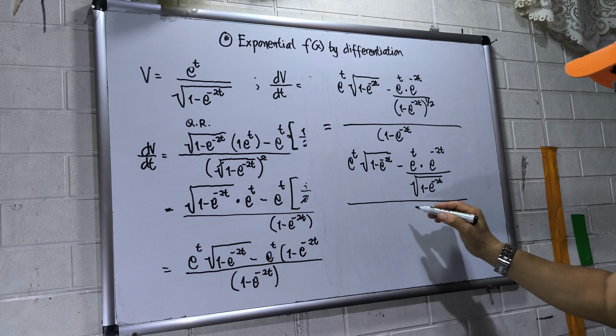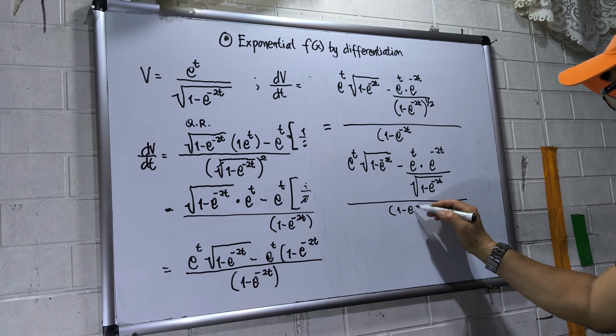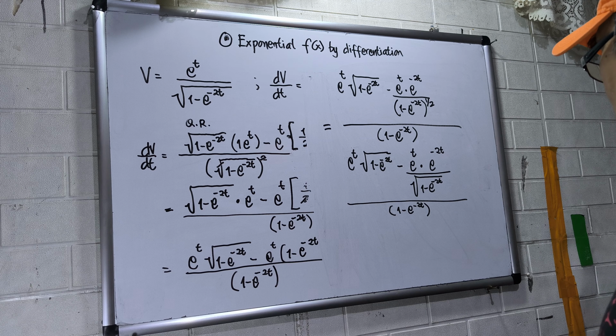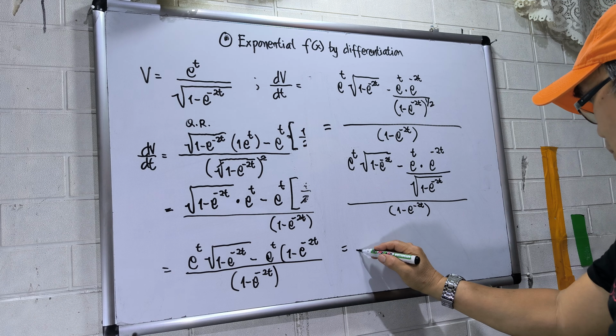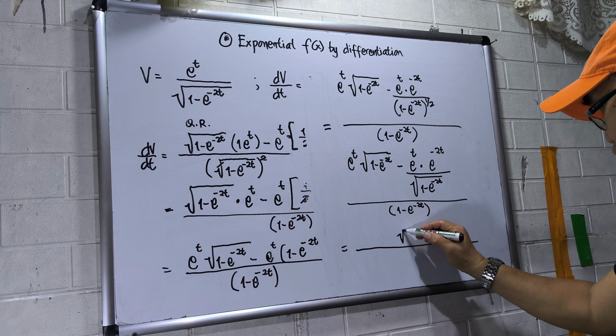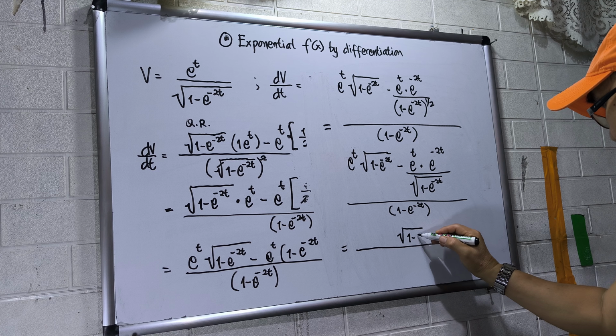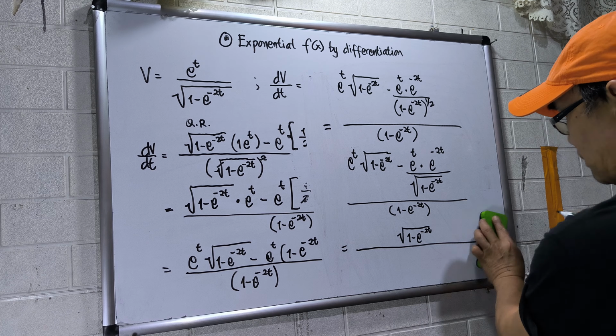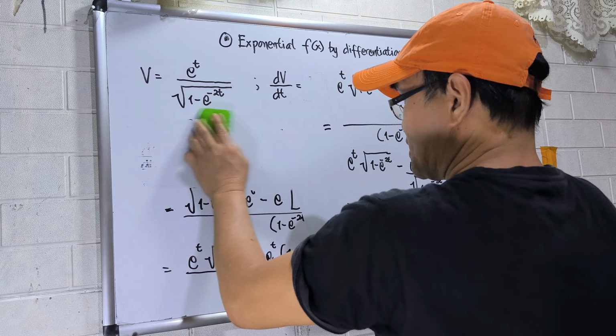Okay, then this will be over circle brackets 1 minus e raised to the negative 2t. Okay, so I will do something to make it single form. So this will be the square root of 1 minus e raised to the negative 2t. I think I will erase this one.